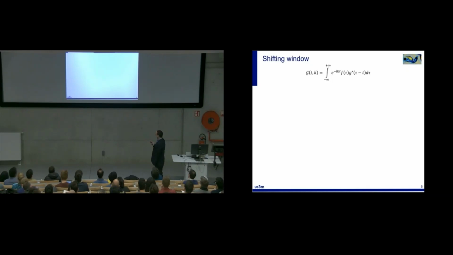One of the popular kinds of windows that you can use, and this is the one introduced by Gabor, is a Gaussian function. So what you're doing is replacing your sinusoids, which were going all over the domain forever and ever, with Gaussians that are modulated. So they look like waves that reach a maximum and then decrease with the Gaussian.